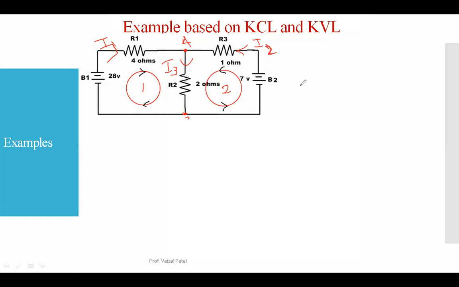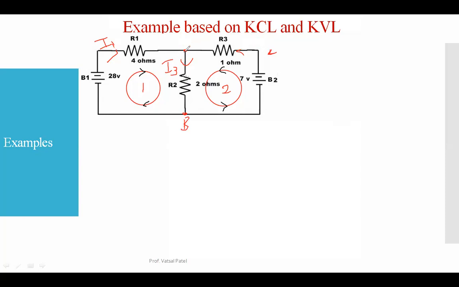Do all of you understand what I'm discussing over here? This is the junction at which 3 branches are connected. If I assume that currents I1 and I2 are incoming, that is, towards the node, then I3 will be away from the node.